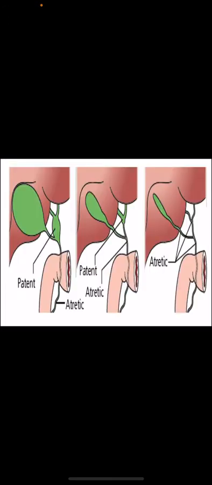As you see here, this is the gallbladder, this is the cystic duct, and this is the common hepatic duct, right hepatic duct and left hepatic duct. These ducts are not obliterated. These ducts are patent. So there is no atresia here, and the atresia is here in the common bile duct.